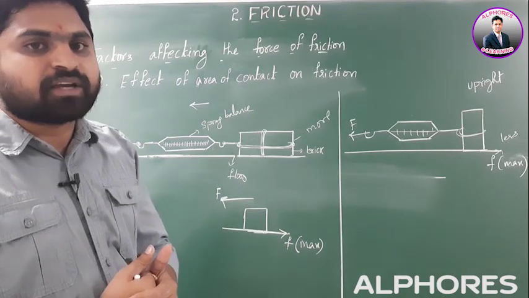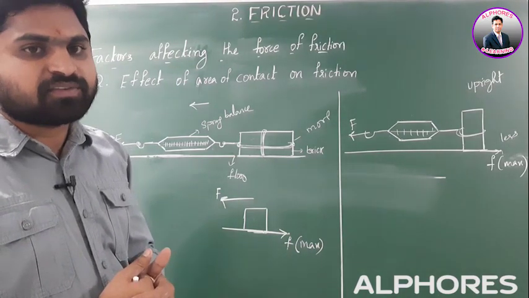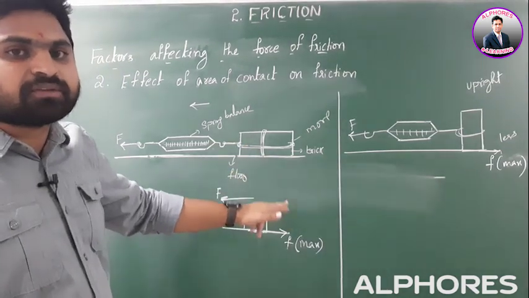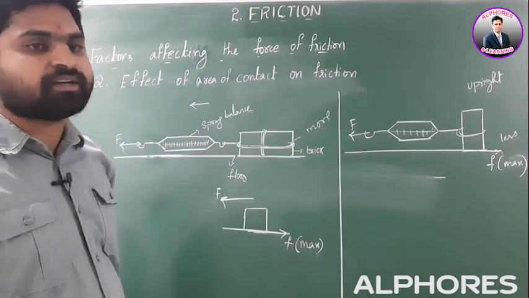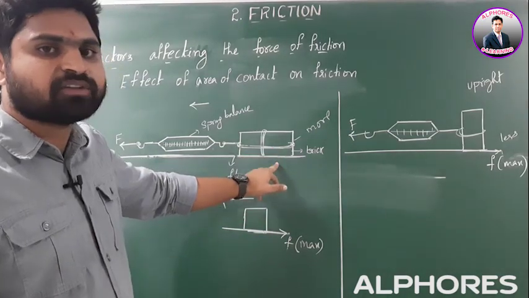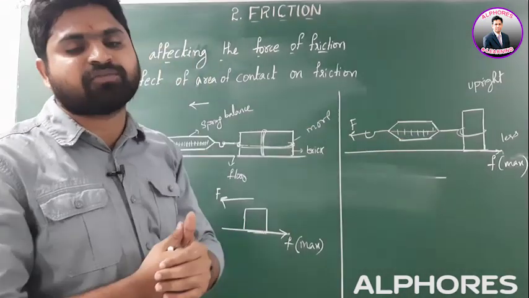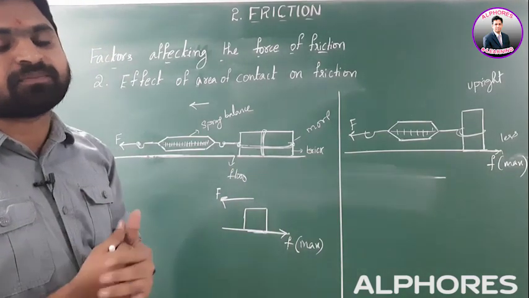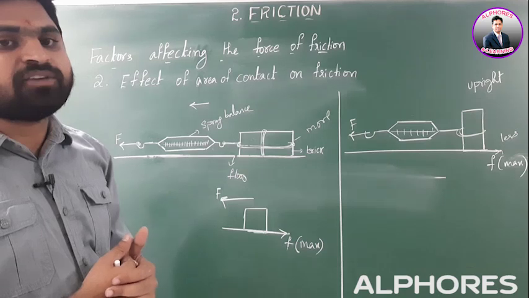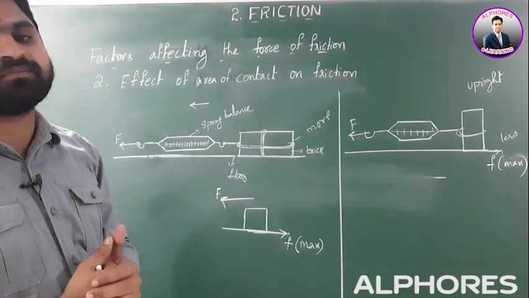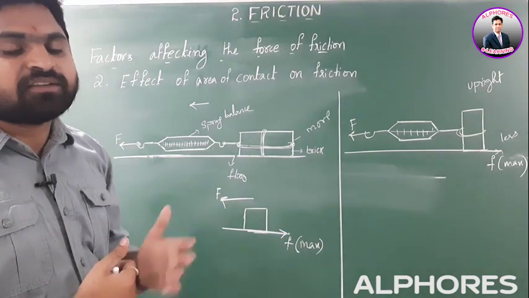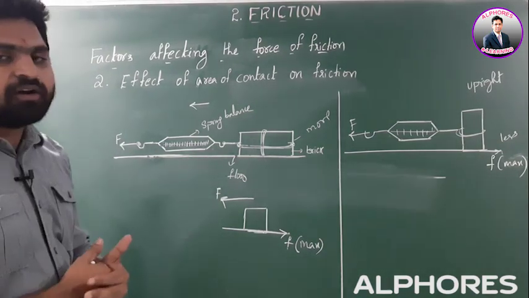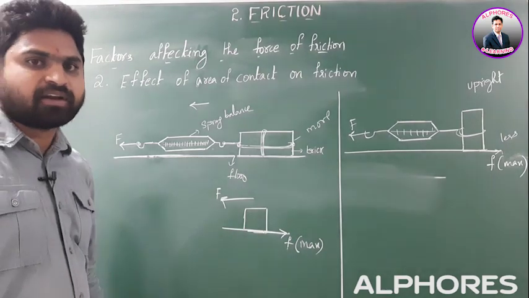Now we can conclude that frictional force does not depend upon the area of contact. Here there is more area of contact with the floor, here less, but in both cases the frictional force is the same, as shown by the spring balance reading. I hope you understand this concept.